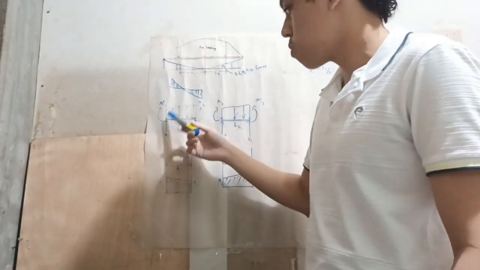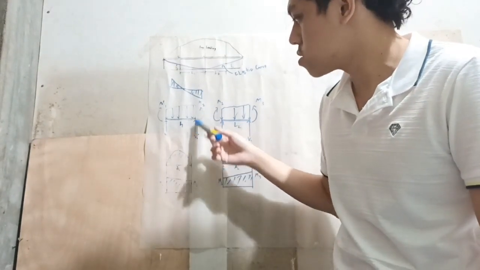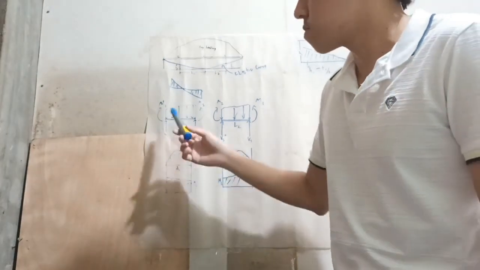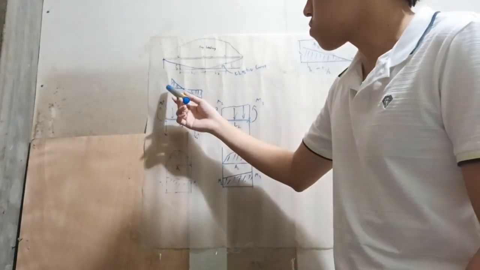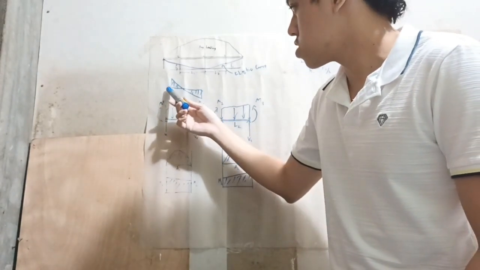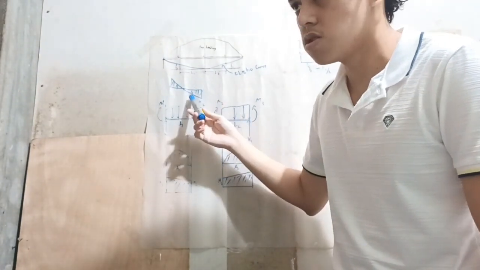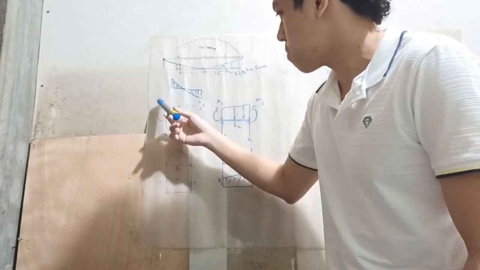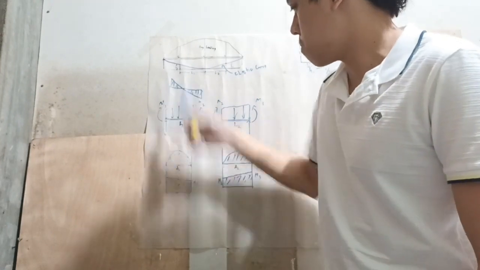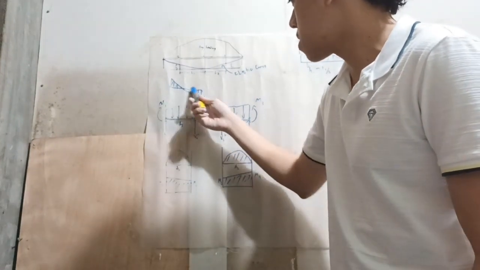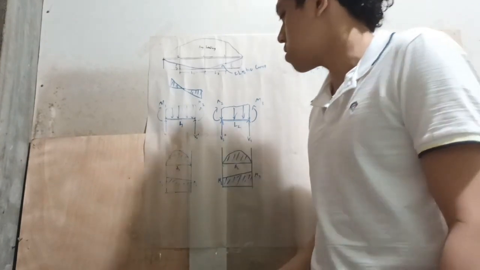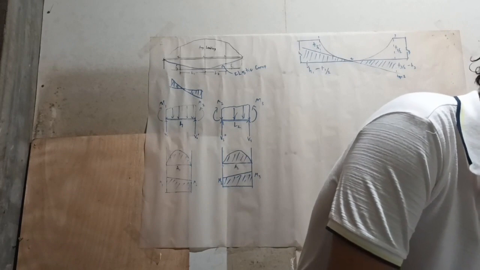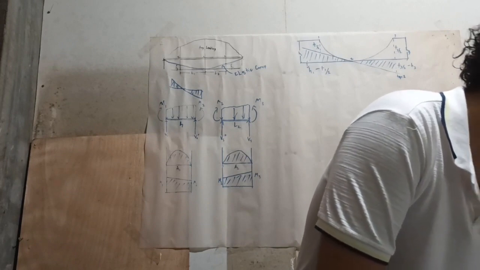So, shear 1, shear 2 prime, L1. This is basically the shear moment diagram. First is the shear, then the result in the moment.